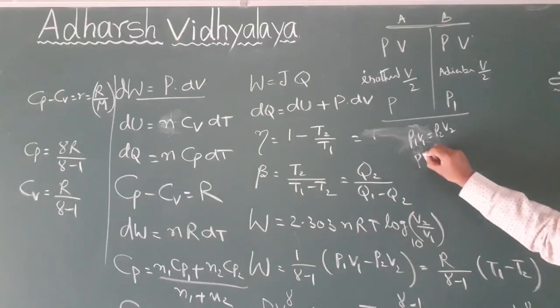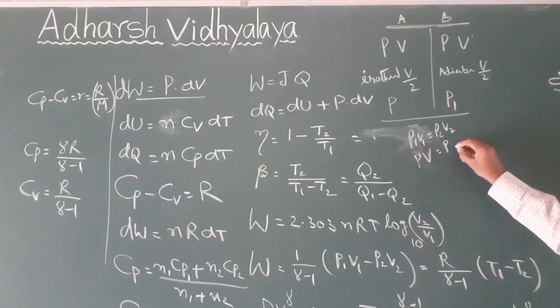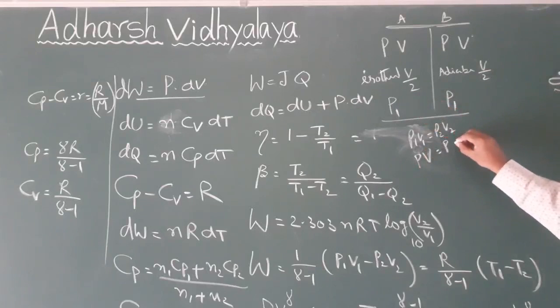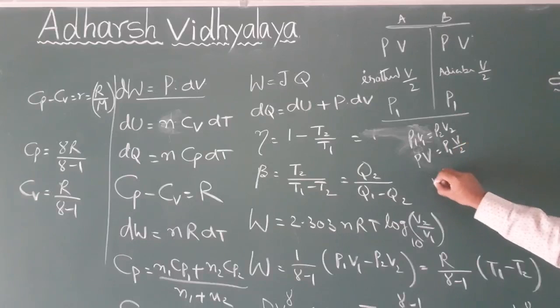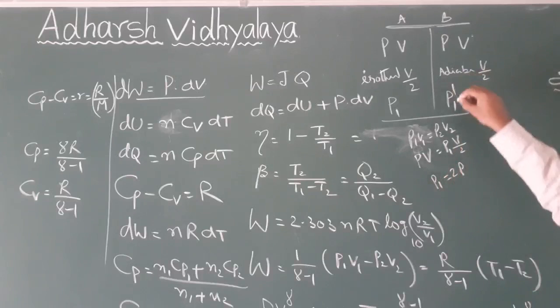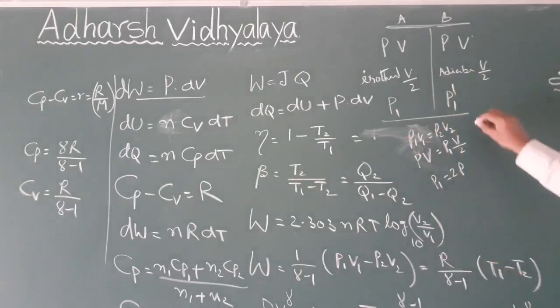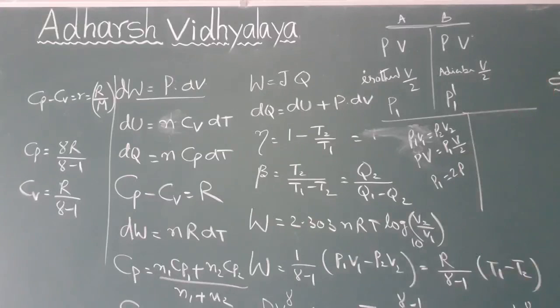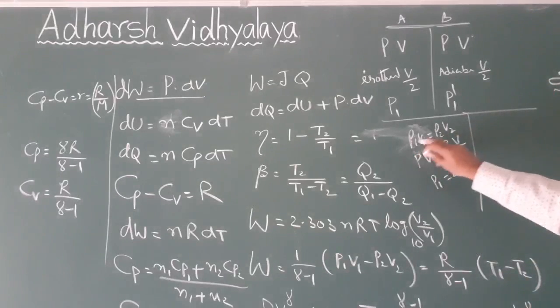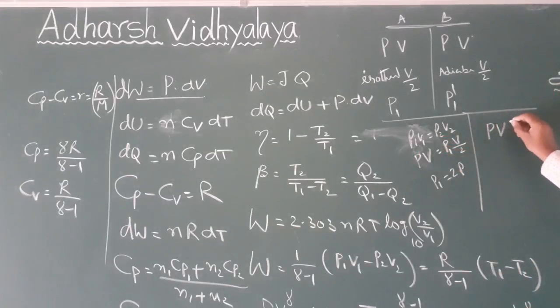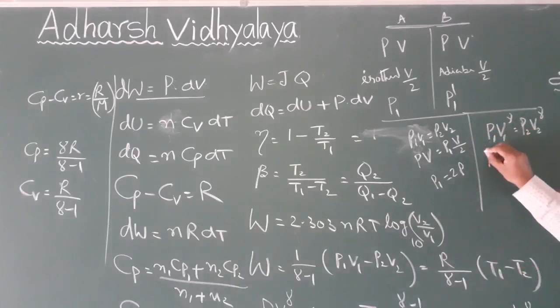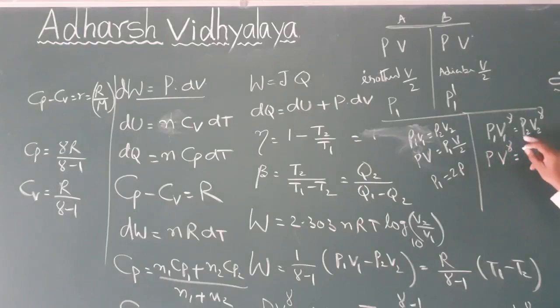Therefore, the final pressure is 2P. The second gas is compressed adiabatically, so PV power gamma is constant: P1 V1 power gamma is equal to P2 V2 power gamma. Here pressure P, volume V power gamma; final pressure P1 dash, final volume is V by 2 whole power gamma.